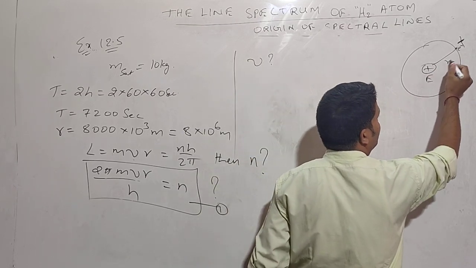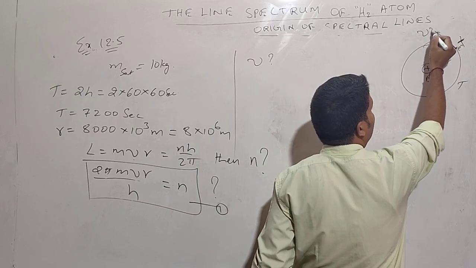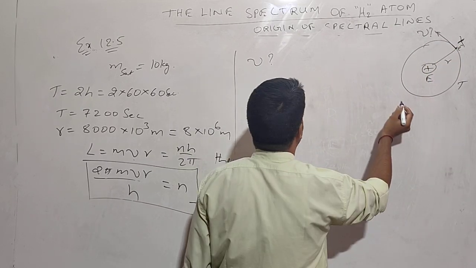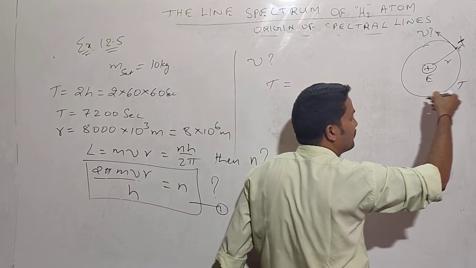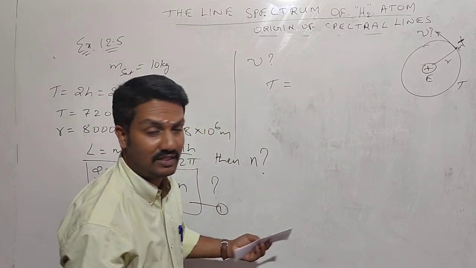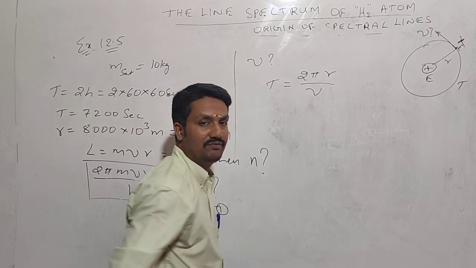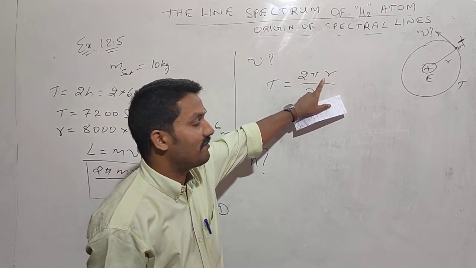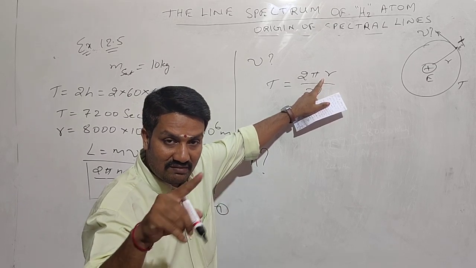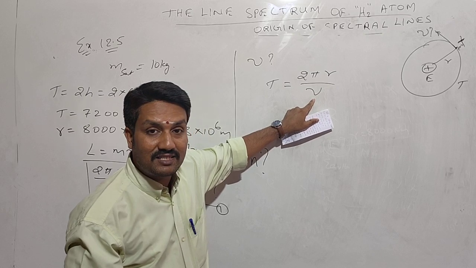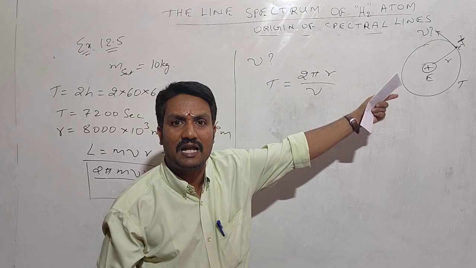Here the radius and the time period were given. What is the velocity formula? We already know it. T is equal to the time taken for one revolution, which is 2 pi r divided by v. Time is equal to the distance traveled by the electron per one revolution divided by the velocity of the electron, here the velocity of the satellite.